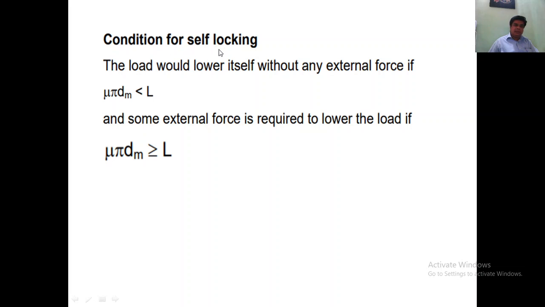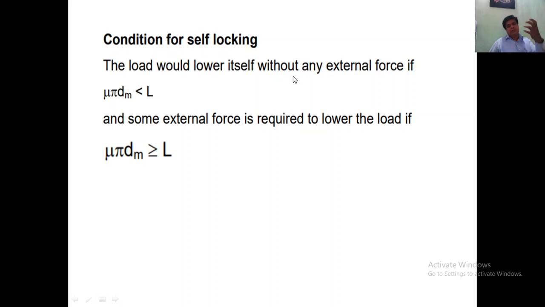While designing the screws, we get a term called self-locking system or self-locking power screws. When we analyze the forces on the power screws, whenever the load is raised in the power screw, when the screw is rotated or when the torque is applied on the screw, the load would lower itself, without any external force.